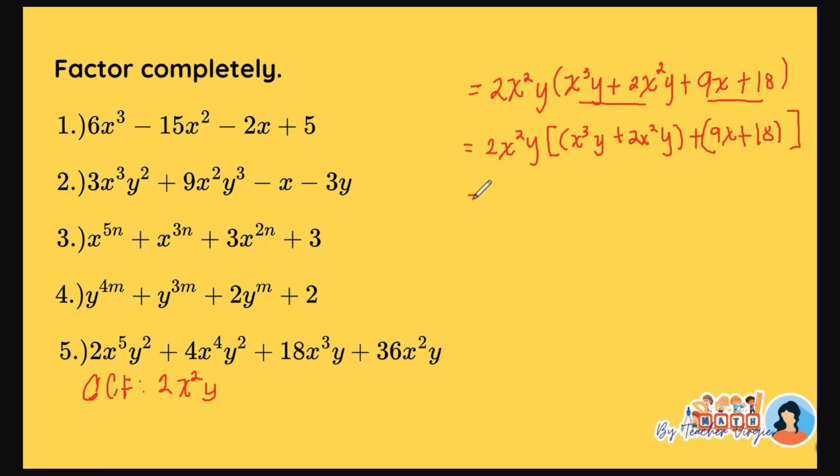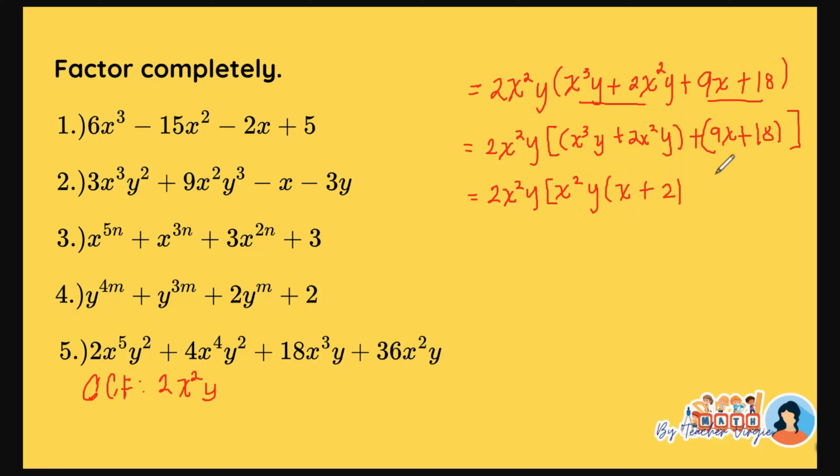Okay, find the GCF of each group. So we have common x squared y, then find the remaining factors of this group. So we have x plus, 2x squared y divided by x squared y is 2. So just x plus 2.